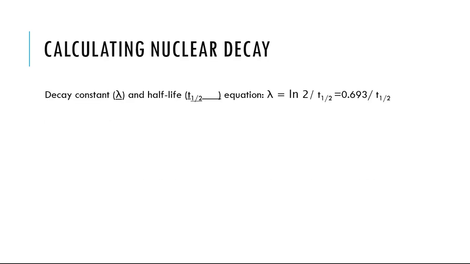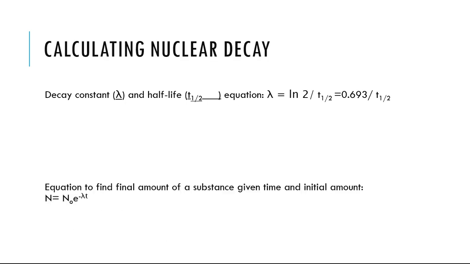First of all, we have something called a decay constant, and that's related to the half-life, which you should know from IB Chem 1. It's the amount of time for half of a radioisotope to decay. The decay constant is equal to the natural log of 2 divided by the half-life. Since ln 2 is 0.693, we can also just say it's 0.693 divided by the half-life.